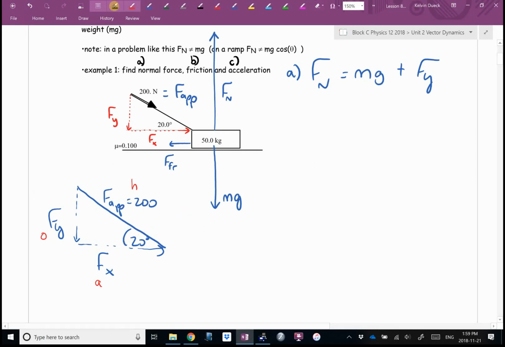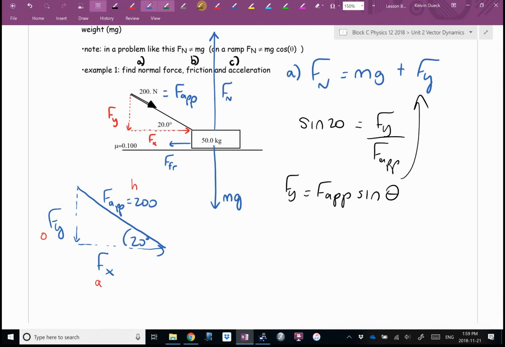So if I'm hearing you correctly, Hannah, you're telling me that the sine of 20 would be Fy over F applied? How would I get the Fy by itself? So for Fy, you're telling me that Fy is going to be F applied sine theta if I generalize?